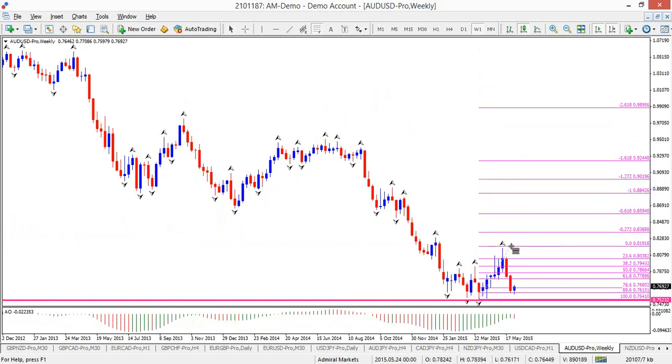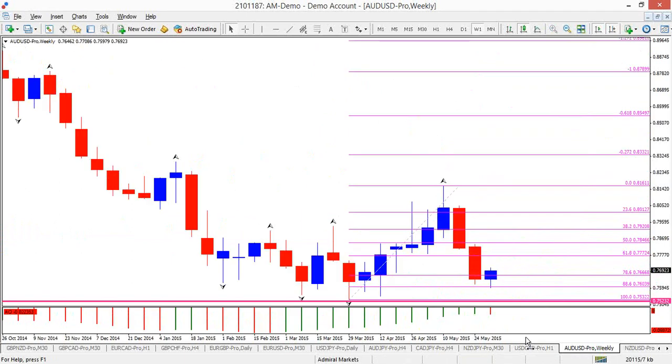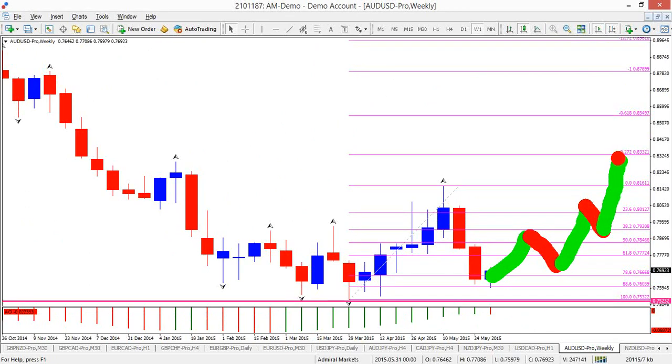Ultimately, even something like this, up to the minus 272 at 83.30. This bounce could only go up to halfway. Let me show it like this, for instance. Then go down, and we might find new support again. I think that ultimately this is probably the path of least resistance. Something like that.